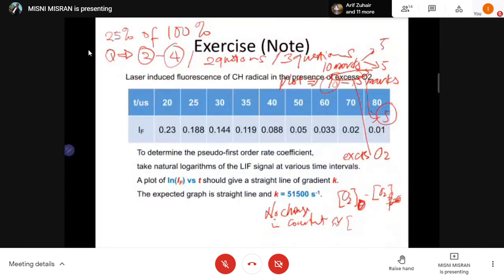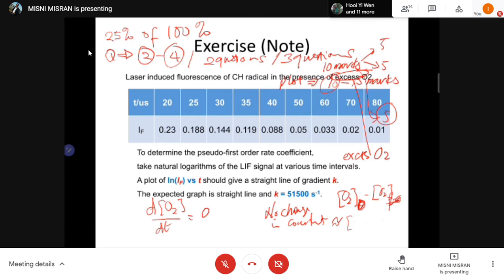So if we are looking at the rate of change of O2, dO2 over dt, it is basically zero. There's no change. That's what it means.